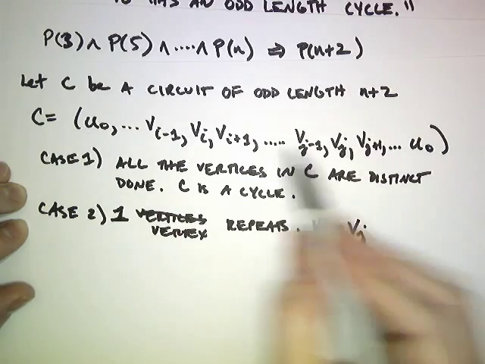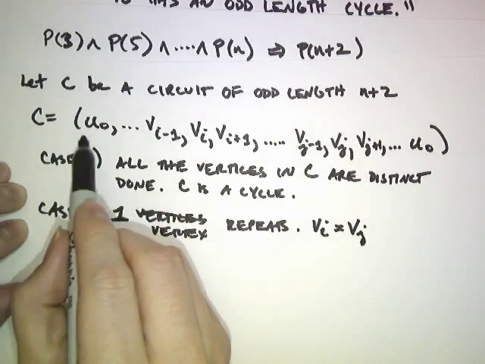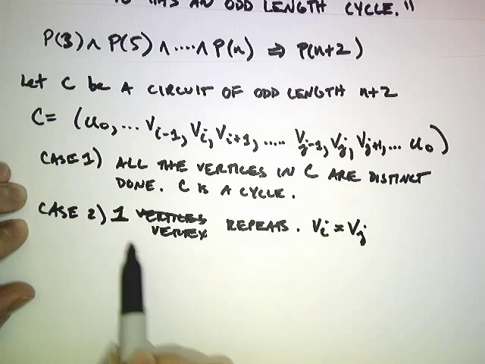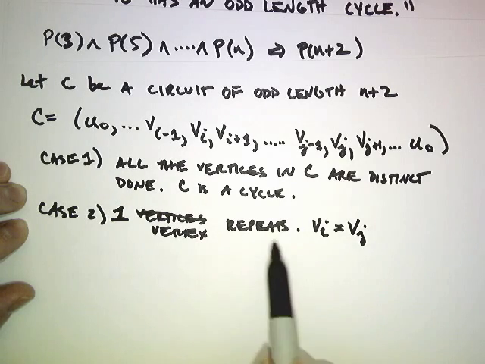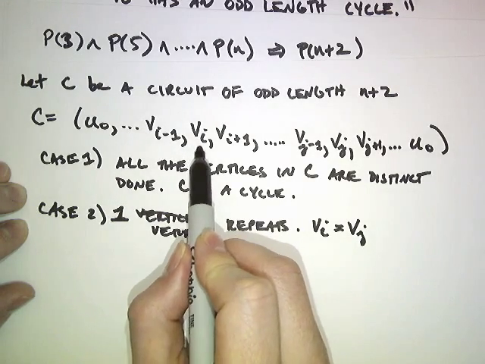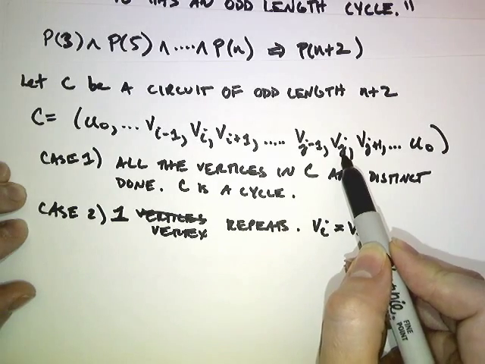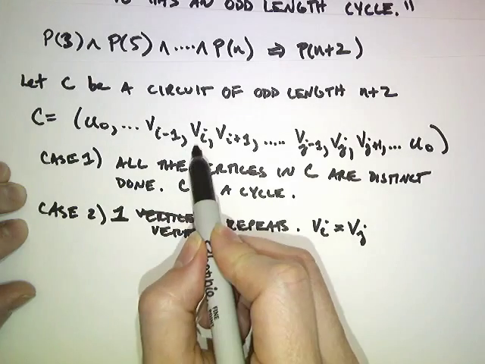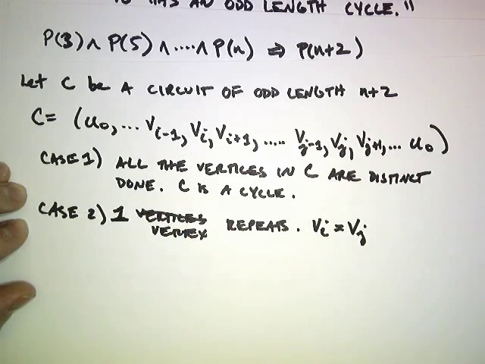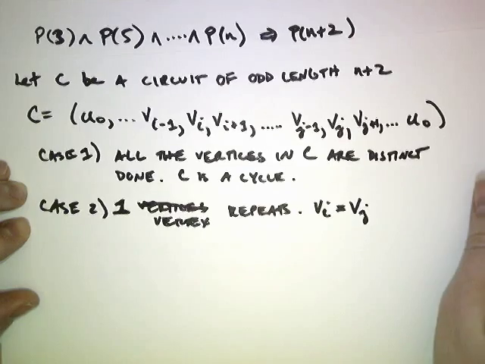So we'll say that we have this odd length circuit here, and we said that at least one vertex repeats. So we'll say that that repeated vertex is Vi, and so it repeats, so we'll say Vi equals Vj. So you take this circuit, and Vi equals Vj. You see the same vertex.